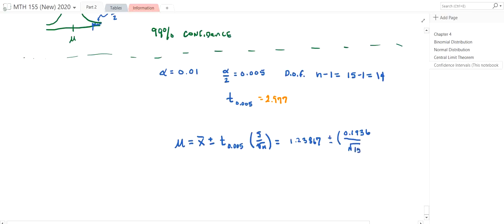Now notice n is 15 even though our degrees of freedom is 14. That's a common place to make a mistake, so don't make that mistake.